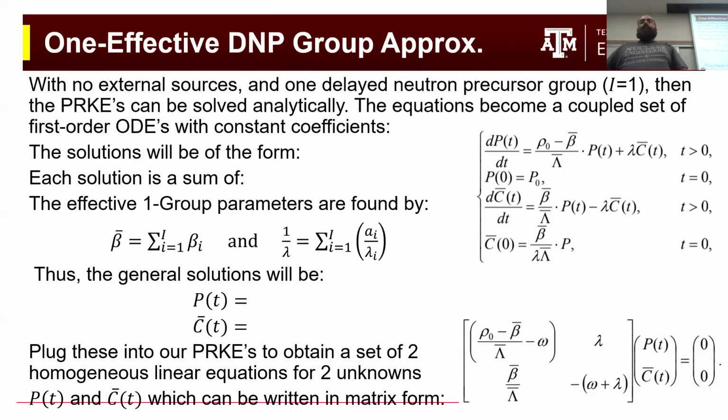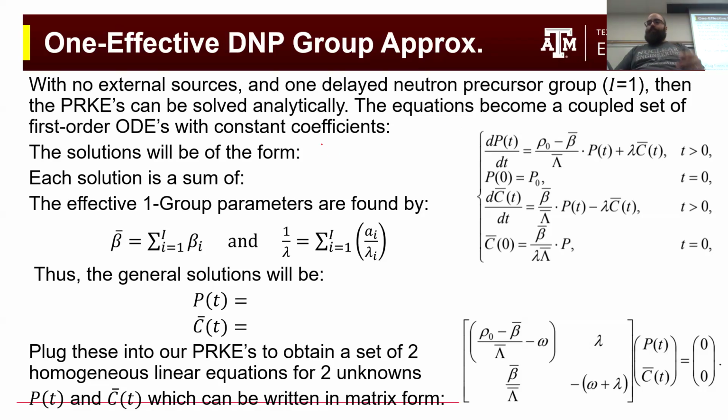So what we were saying about the point reactor kinetics equations and the n-hour equation is that if we have more than two groups, then it's very difficult to solve them analytically. But if we make the one group approximation, then we can actually do analytical calculations with the point kinetics equations, and we can basically fully solve them analytically. So if we only have I equals one delayed neutron precursor group, that's kind of what we're saying.